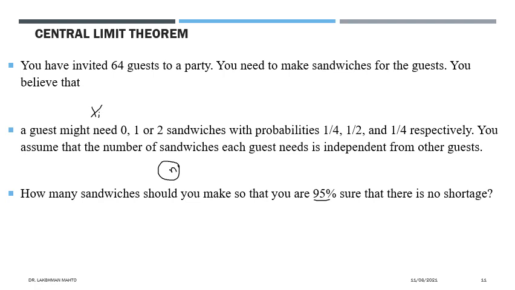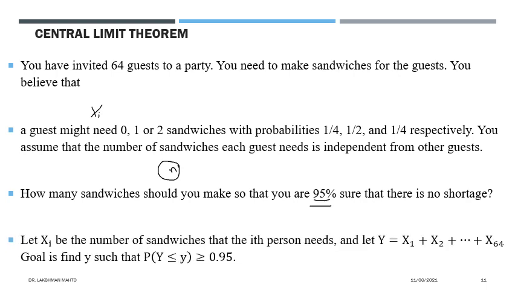Here n is given as 64, but we are willing to find the 95% confidence that there would be no shortage. In order to calculate this, we define Y as the sum of all these 64 IID random variables, and our goal is to find y, the number of sandwiches, so that we have 95% confidence.